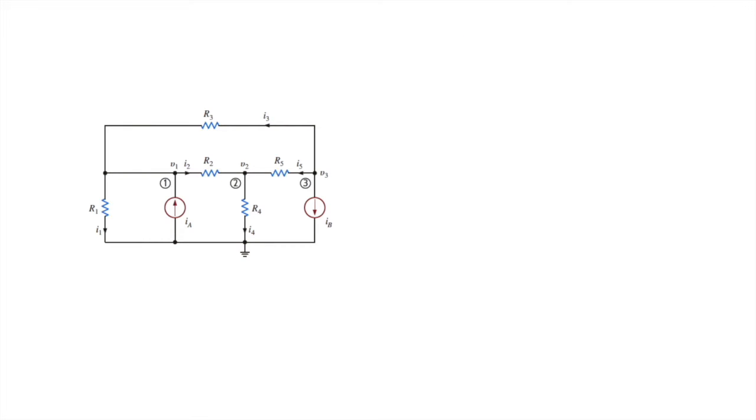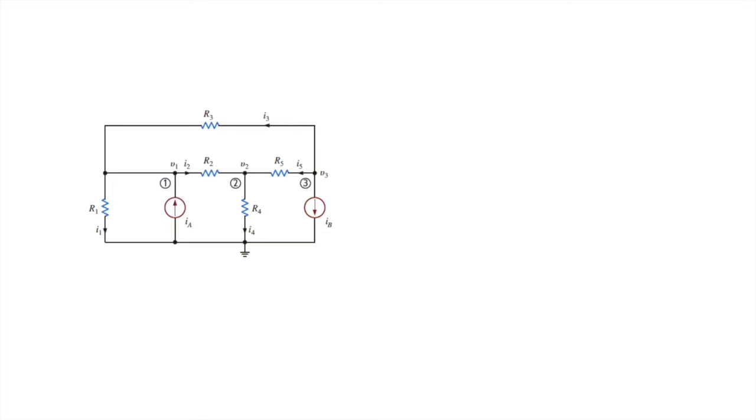Let's take a look at another example. For this example, we have one more node. In the previous example, we have 3 nodes, and we select one as the reference node.